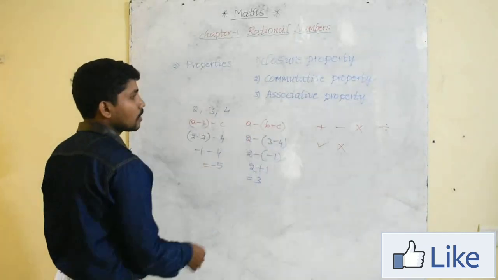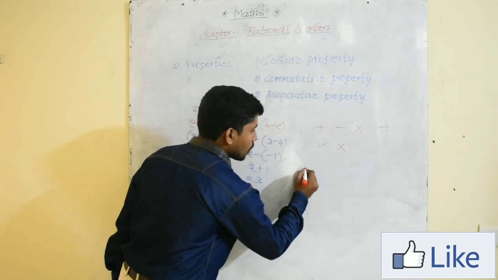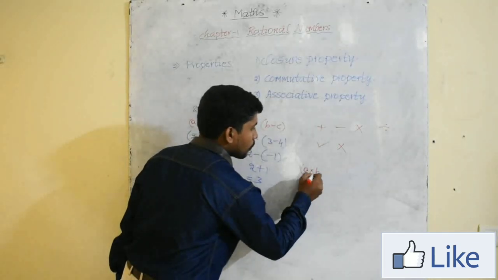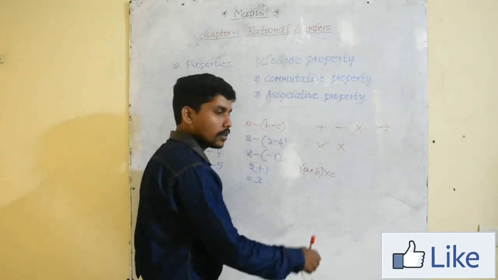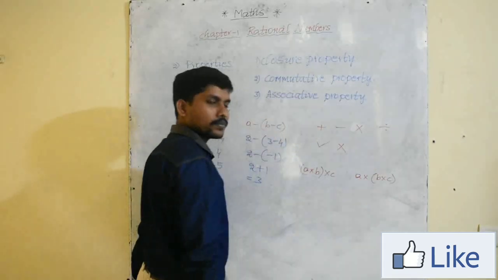The same, if you take multiplication, suppose the three numbers A, B, C: (A into B) into C, or A into (B into C).